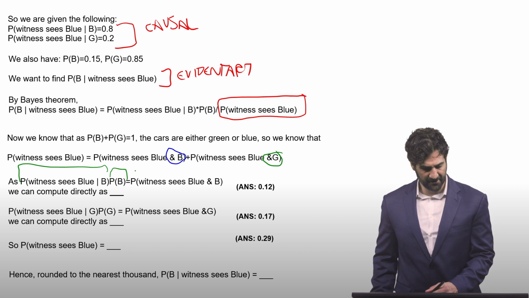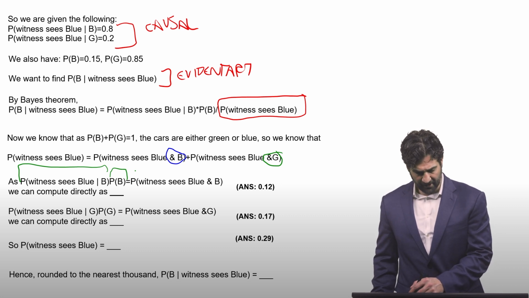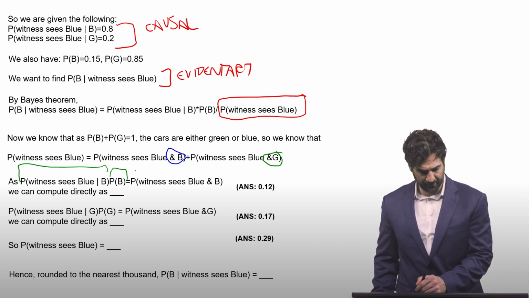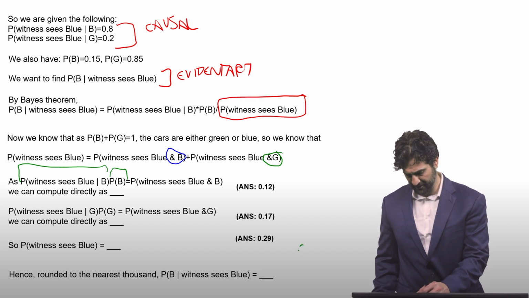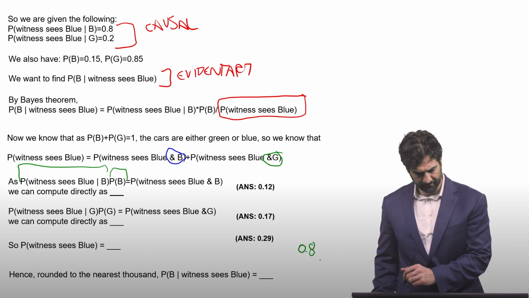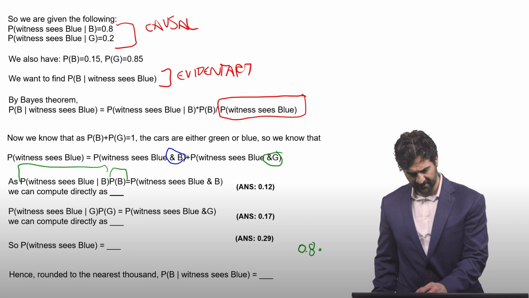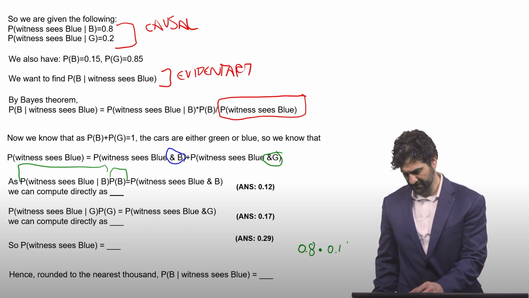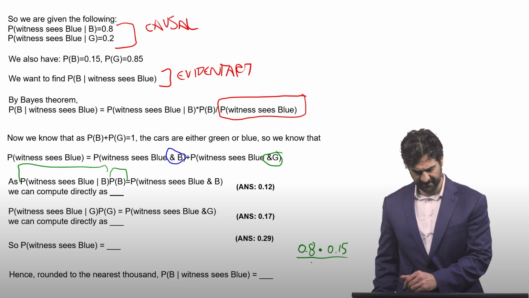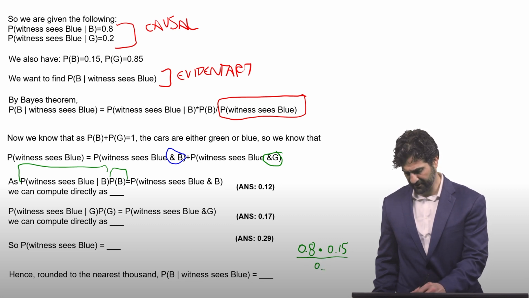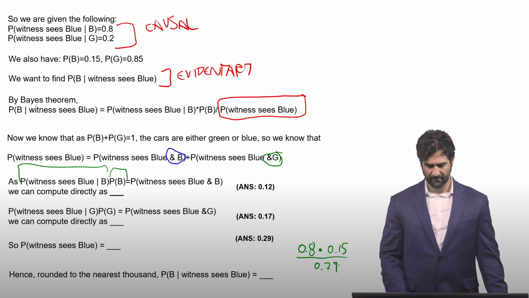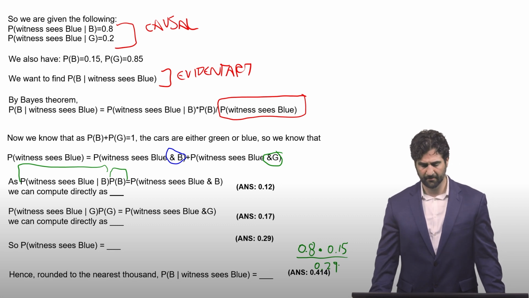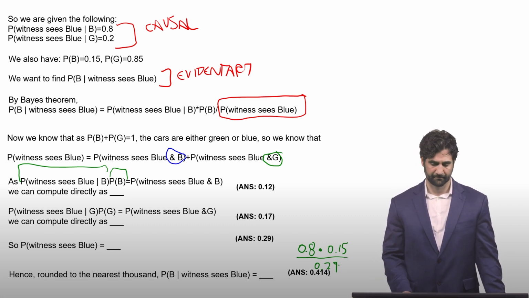The probability the witness sees blue given it's blue is 0.8 times the prior of blue, 0.15, all divided by 0.29, and the answer to that is 0.414.